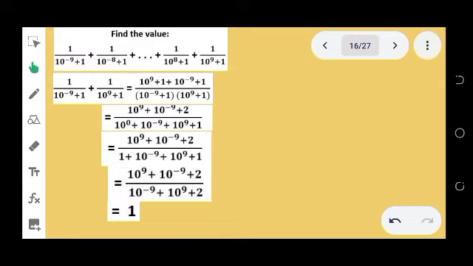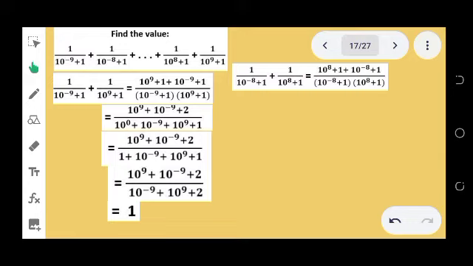Let's try the other pair, which is 1 over 10 to the negative 8 plus 1 and 1 over 10 to the 8 plus 1. We do the same algebraic process as this one. We will come up with this expression, which is again equal to 1. So that means each of the pairs in this symmetric series has a sum that is equal to 1.